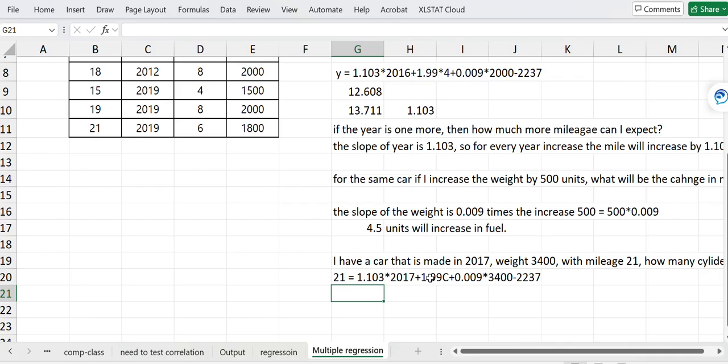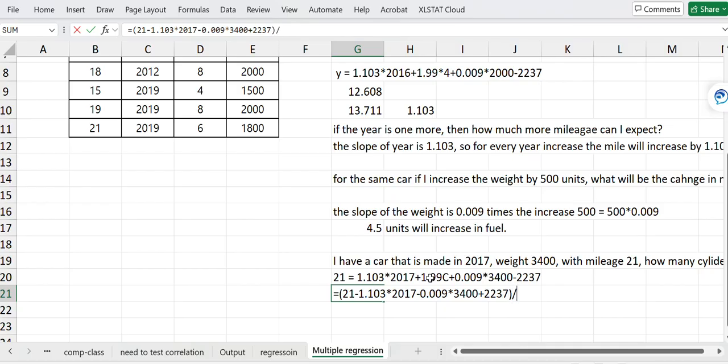I will put it like this, equal to, I will open a bracket. I am putting everything to the other side, okay? 21 minus 1.103 multiplied by 2017, minus 0.009 multiplied by 3400, plus, because when minus 2237 goes to that side, it becomes plus 2237.